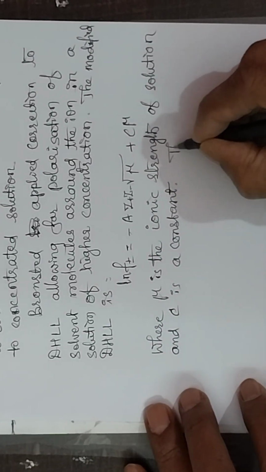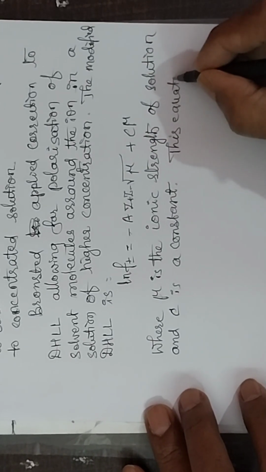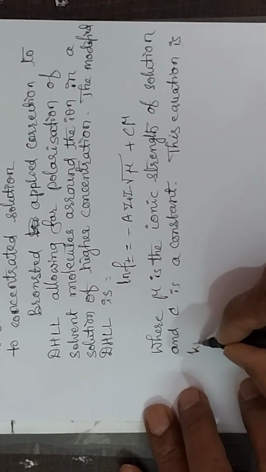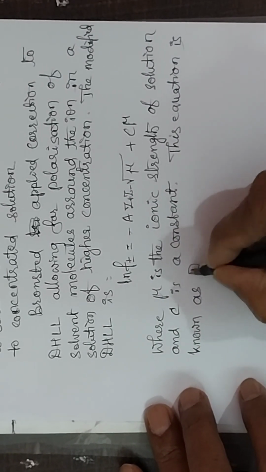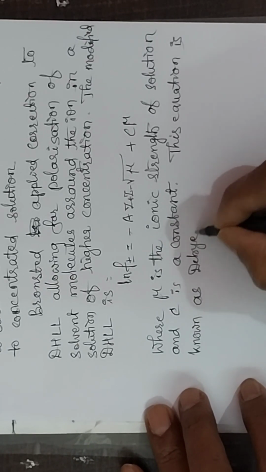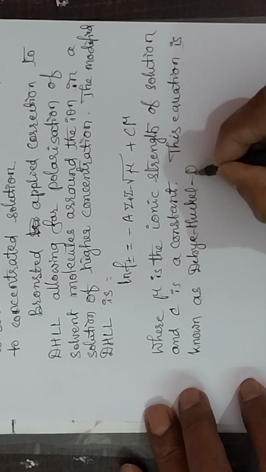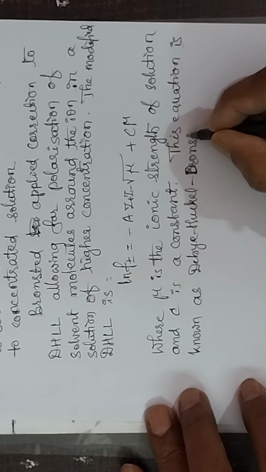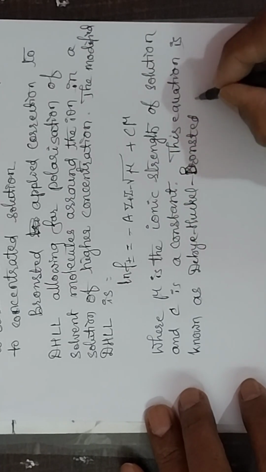This equation is known as Debye Huckel Bronsted equation.